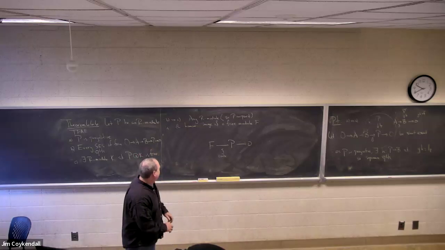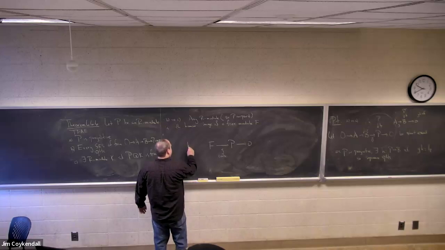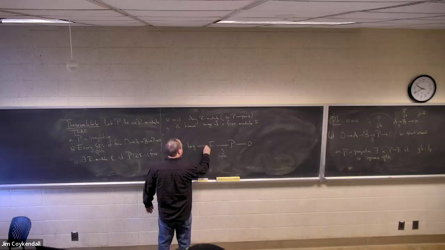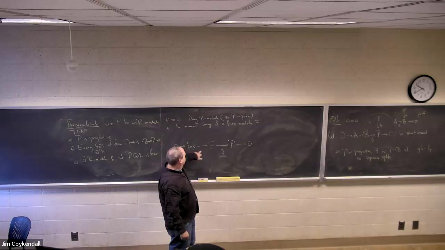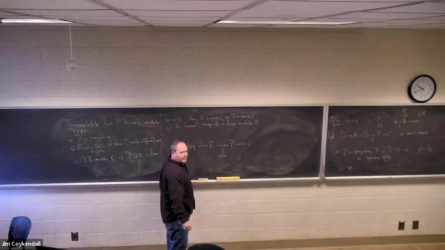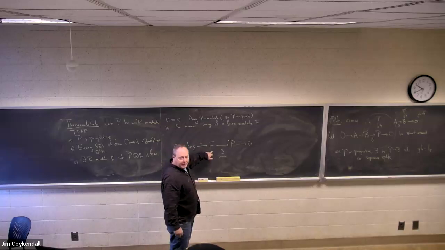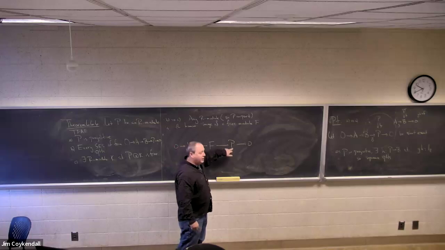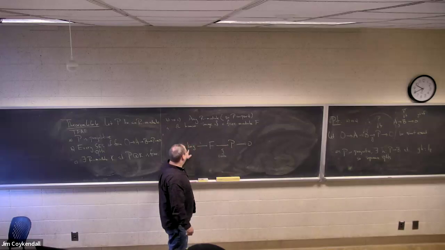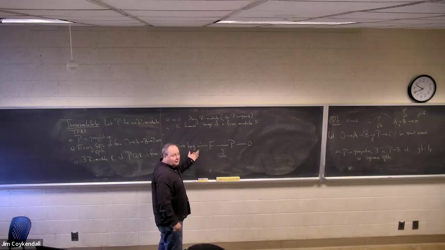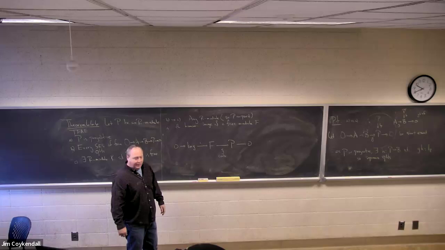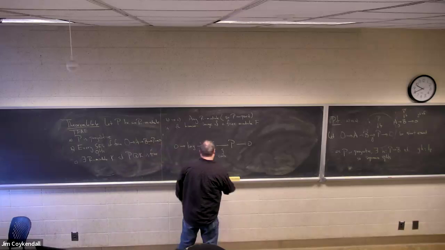Oh, gee, it's a submodule. Let's just take the inclusion map. Because this is an inclusion map, it's one-to-one. We already know this is onto. And the image of this is exactly the kernel of this, because it's the kernel of that. So there you go. This sequence splits.